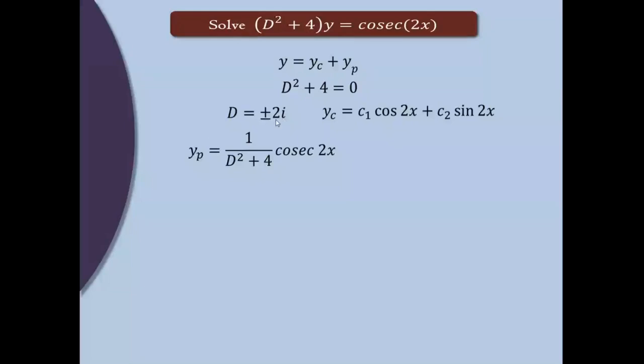So write d minus 2i, d minus of minus 2i, that are the factors of this equation. So write this term in factors: d plus 2i, d minus 2i, d minus one root, d minus the other root, minus of minus becomes plus 2i, d plus 2i, and d minus 2i, that is the other root.